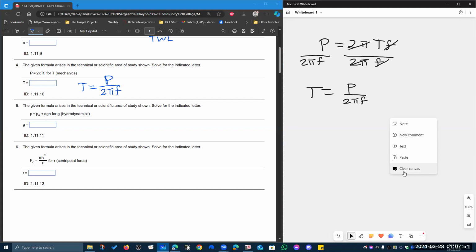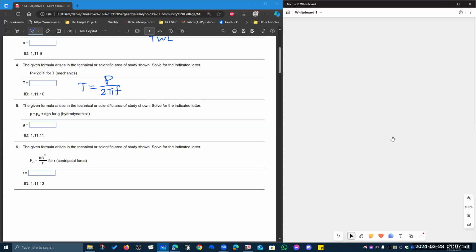Also, you may run into subscripts, such as in this problem here, where P is equal to P sub A plus D times G times H, and we want to solve for G. So let's first get this term with G in it by itself by subtracting P sub A from both sides.